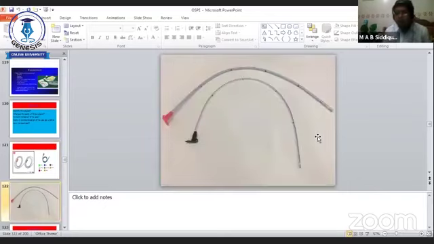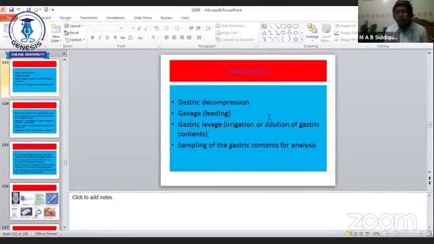If you look at the picture, there are several pores within the feeding tube, but not so many, and the pore size is usually larger than a drain tube. So what are the indications of the tube? The indication is gastric decompression.